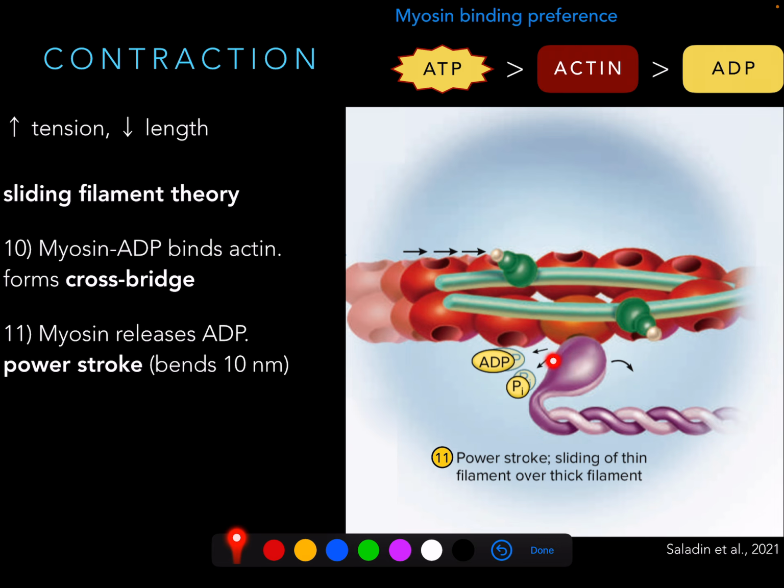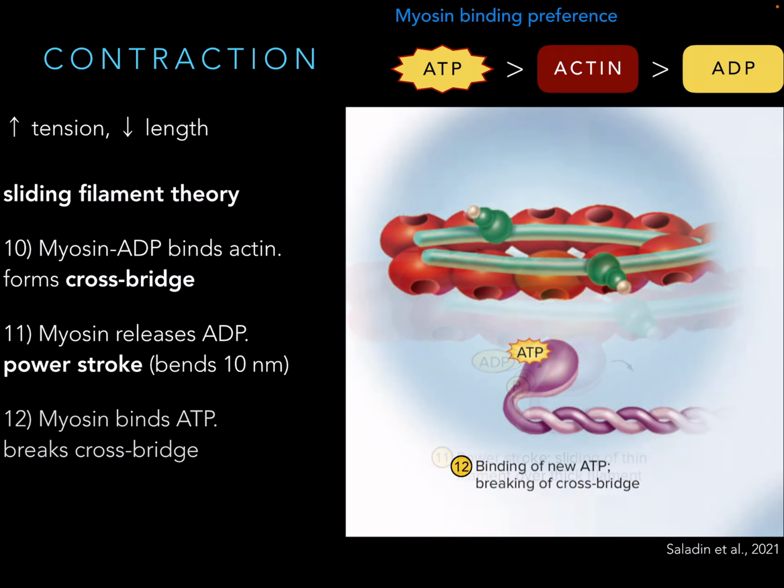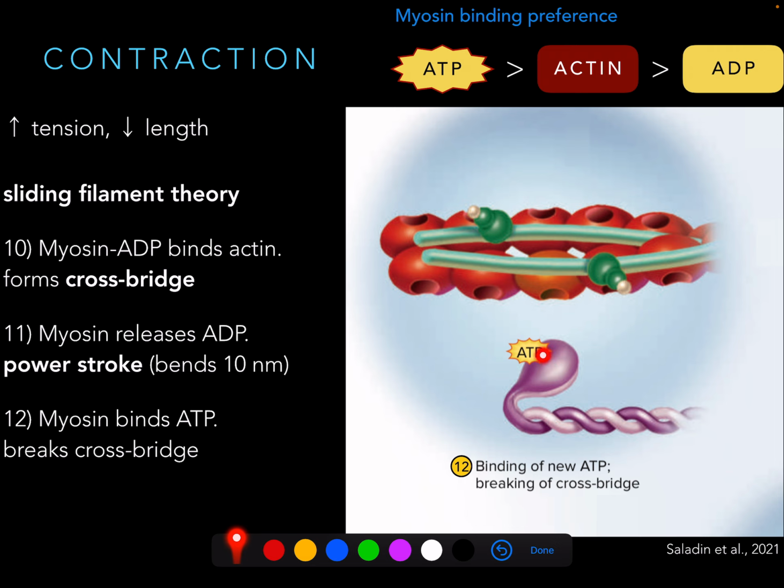Now my adenine nucleotide binding site is open, so I can bind ATP. I can only hold one thing, so when I bind ATP, I have to let go of actin. So ATP binding breaks the cross bridge. But I'm myosin. I'm an ATPase. So I hug it, I squeeze it, and I convert ATP back to ADP.